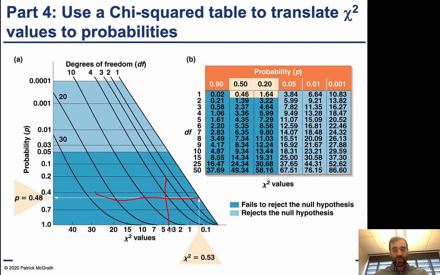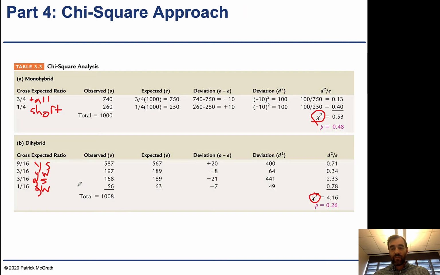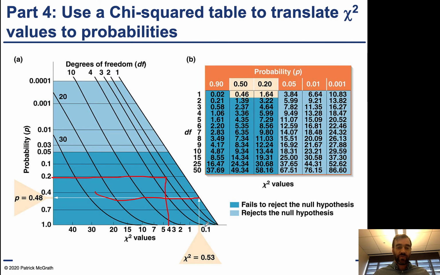Because the dihybrid test has 3 degrees of freedom, we move up until we reach this line, and then go across to find the probability. In this case, it's a little bit above 0.2, and that matches 0.26. I apologize, my lines aren't exactly straight.